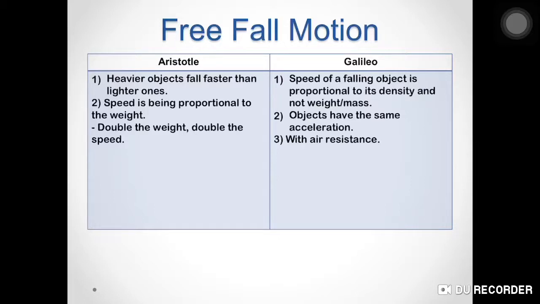One more belief, according to Aristotle, speed is proportional to the weight. So double the weight means double the speed, mas mabilis.